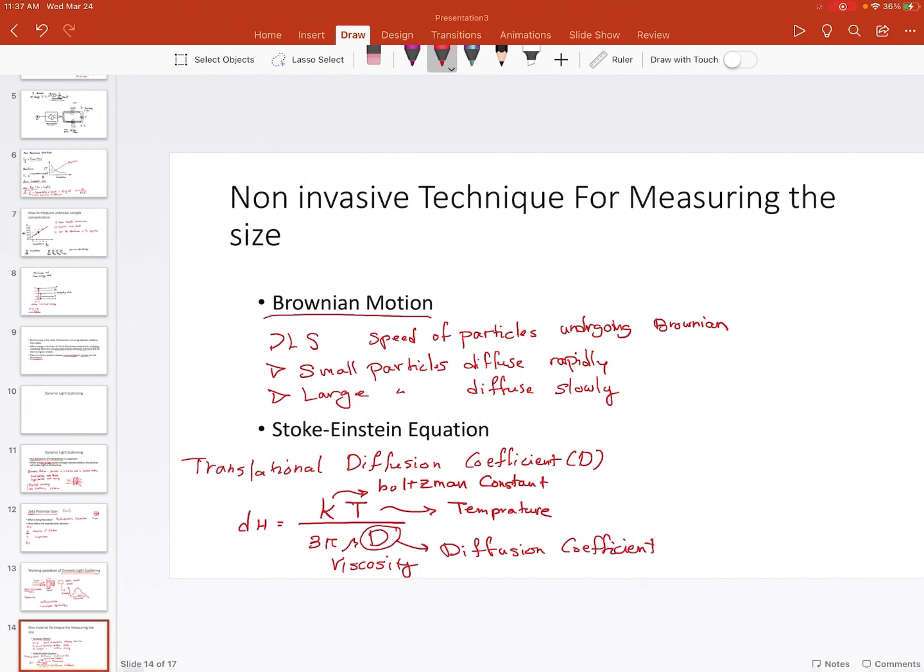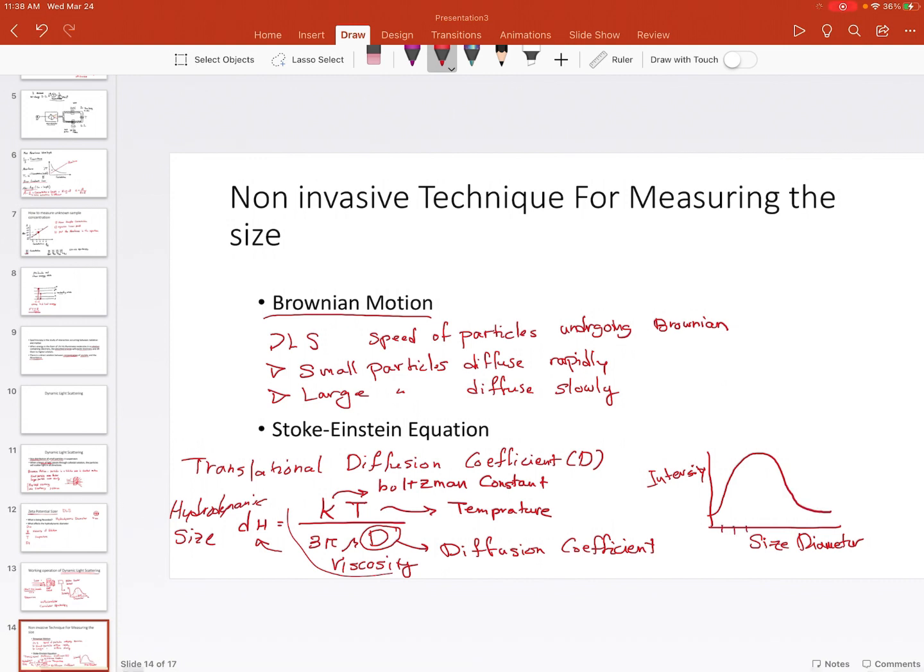The detectors of this instrument detect D, and they convert D with the Stokes-Einstein equation to the hydrodynamic diameter of that particle. And the final graph is intensity of the scattered light versus the size, the diameter.